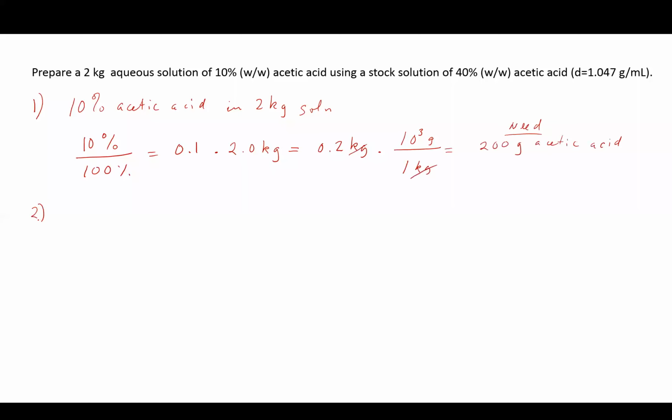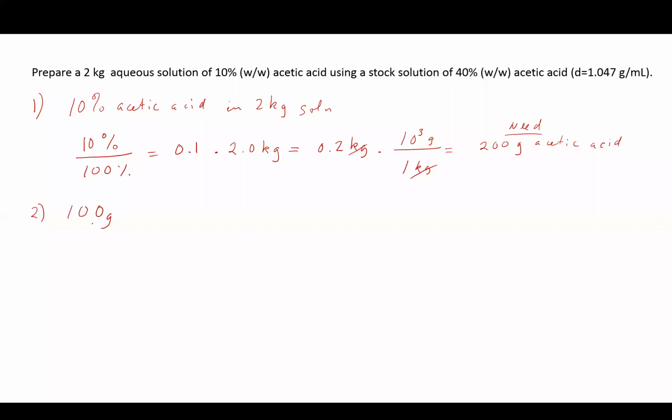We have to approach the stock solution and make some conversions there. The way I approach this is to determine the gram per mil concentration of acetic acid in a 40% stock solution. We can do that by considering 100 grams of this solution.